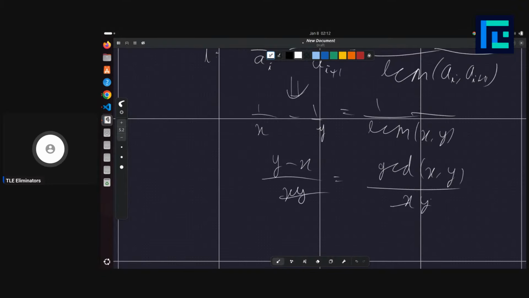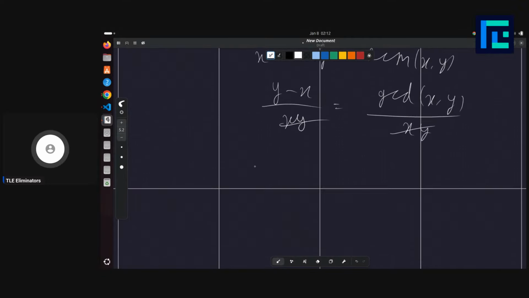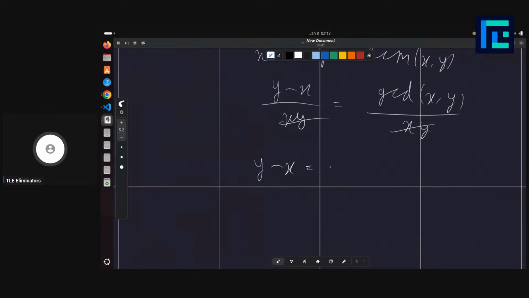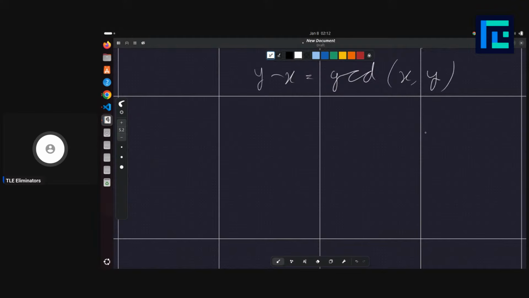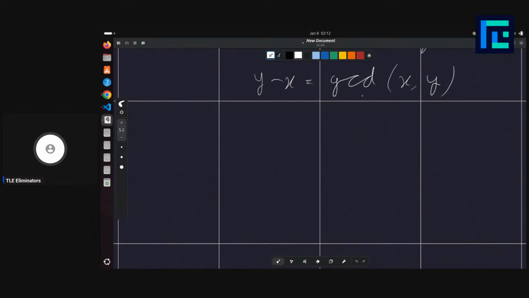So xy gets cancelled. I have that y minus x should be equal to the GCD of x comma y. And by using Euclid's algorithm, this GCD of x comma y is the same as GCD of x comma y minus x.